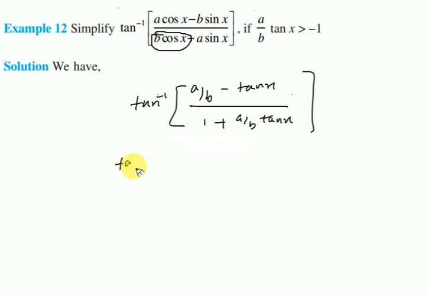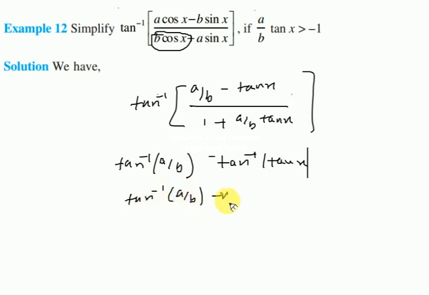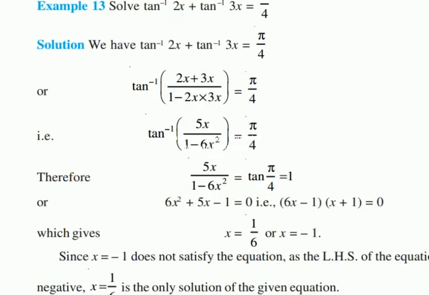So this is tan inverse of a by b minus tan inverse of tan x. So this is tan inverse of a by b minus x, which will be the final answer.